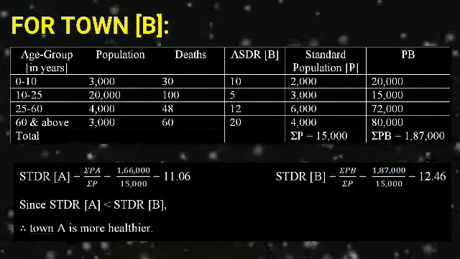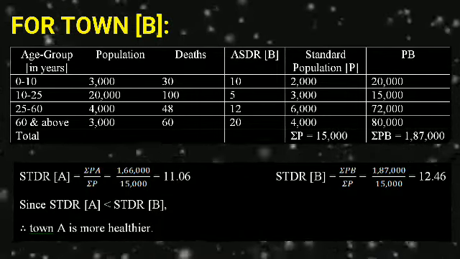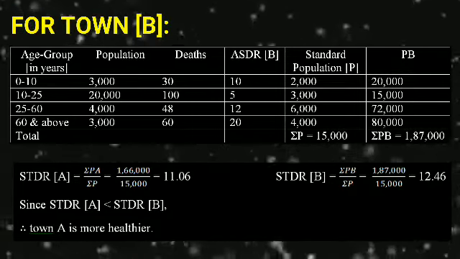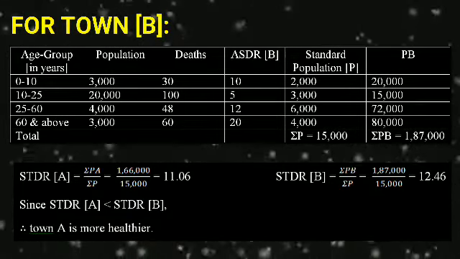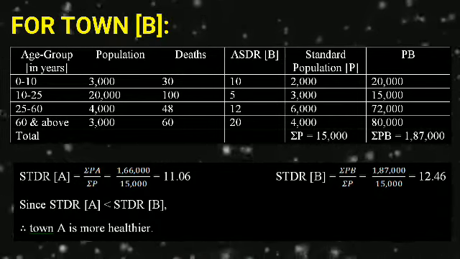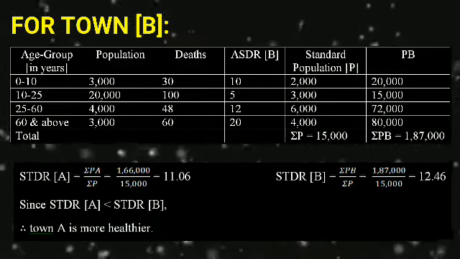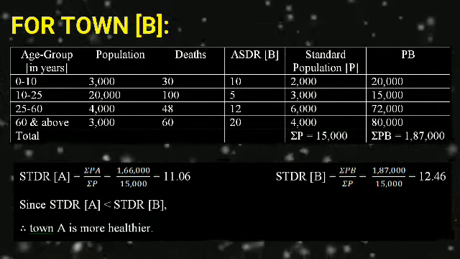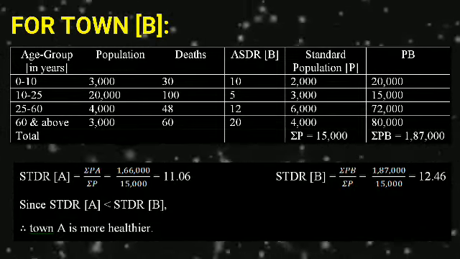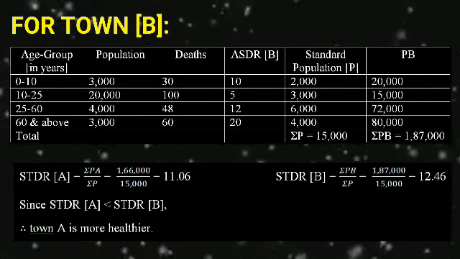Now, after computing the death rate for town A and B, compare the death rates of town A with that of B. Here, death rate is 11.06 for town A, and for town B, their death ratio is 12.46. As you can see, the death ratio is more in town B than town A. So, since the death rate is more for town B, town A is considered as the healthy population.